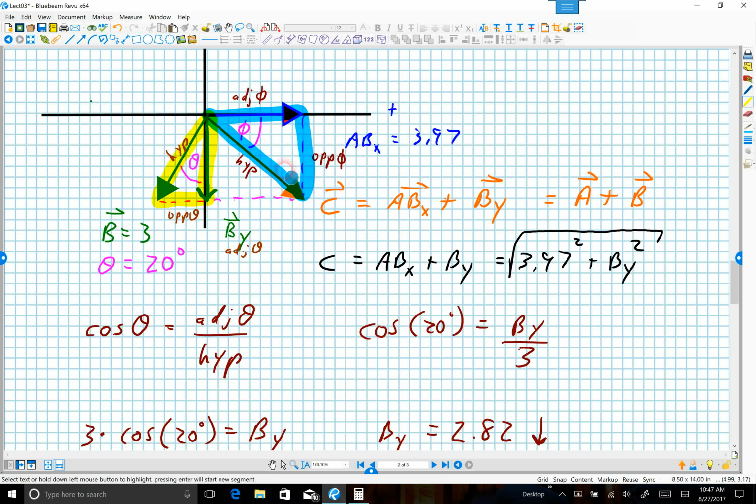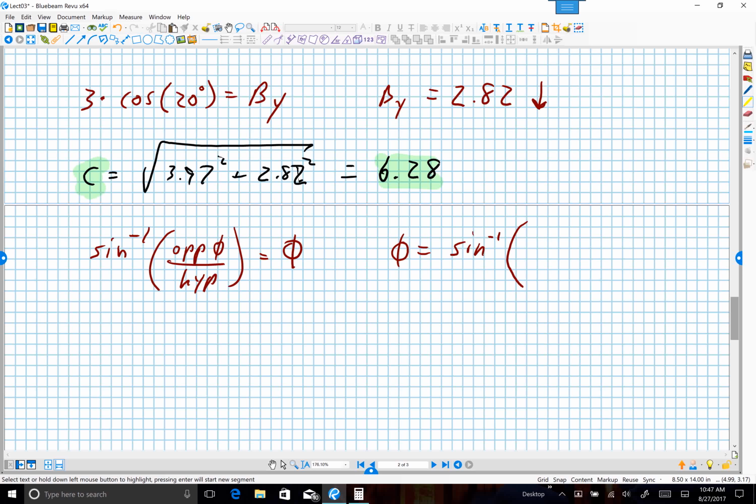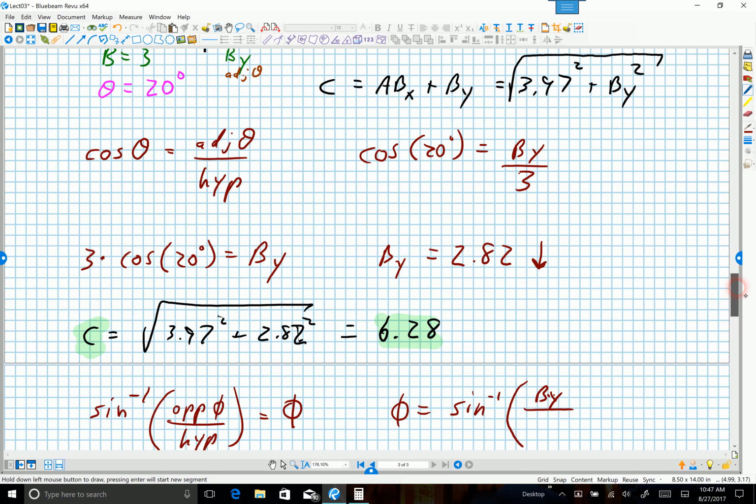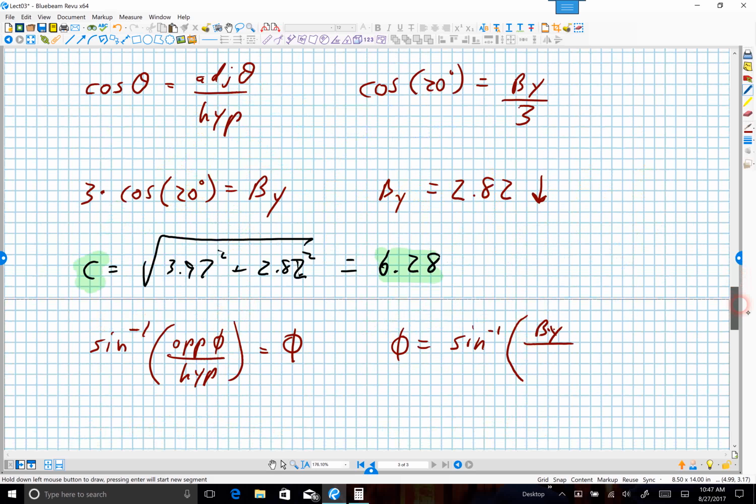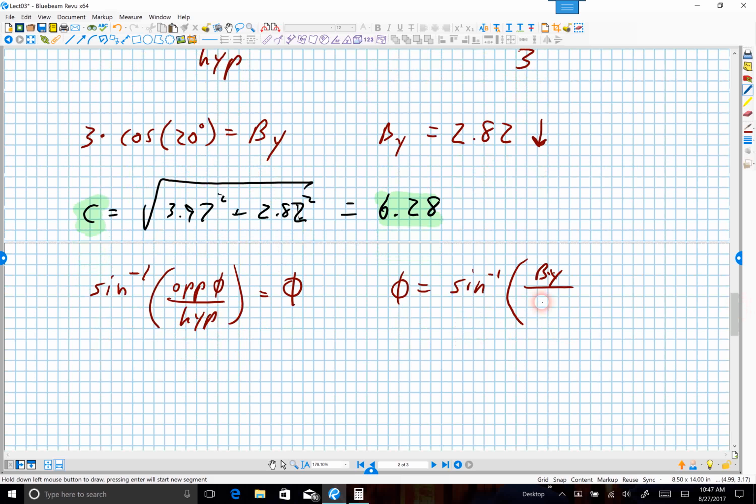And since this box is a rectangle, this side over here is the same length, and that side is BY. So we have BY down here. We just have to keep looking back at the diagram. So this is BY divided by the hypotenuse. And the hypotenuse was C, and we said C was 6.28.